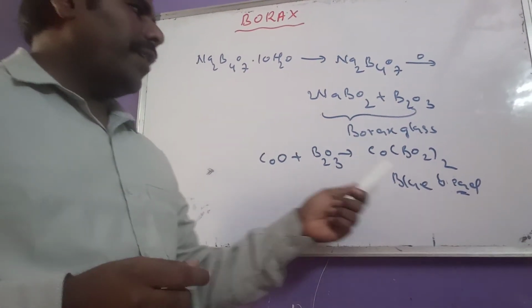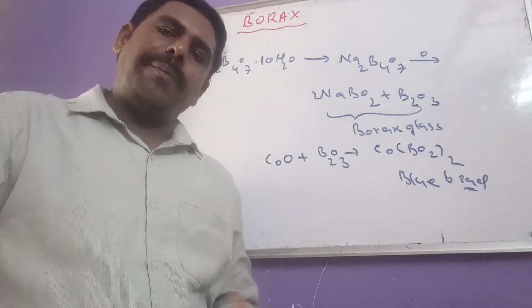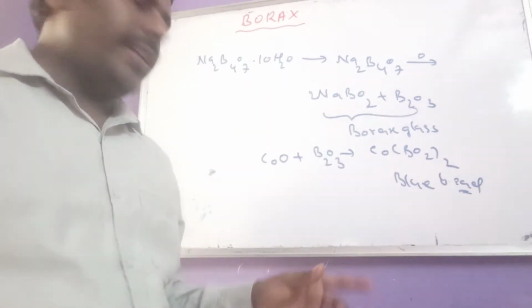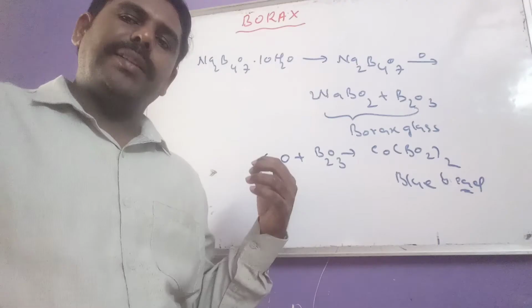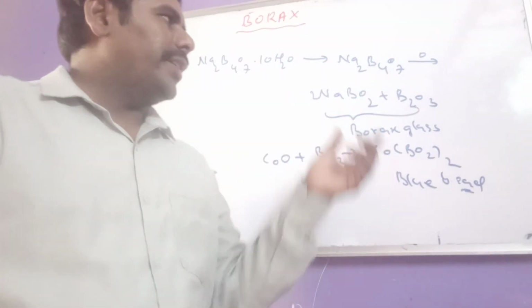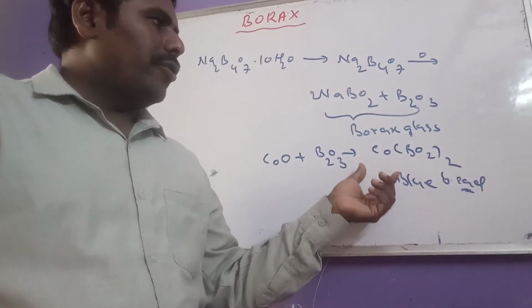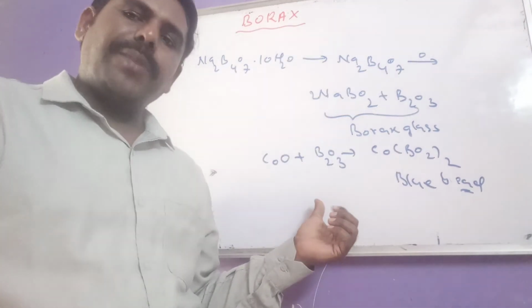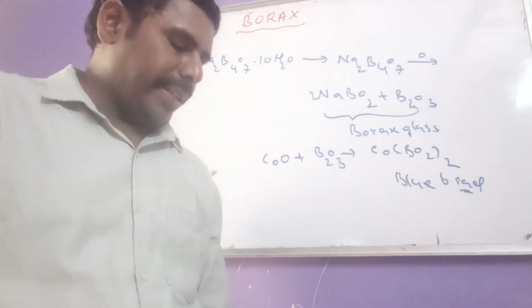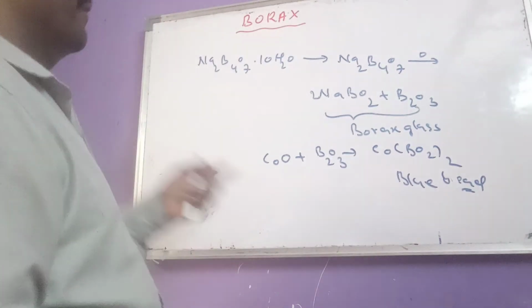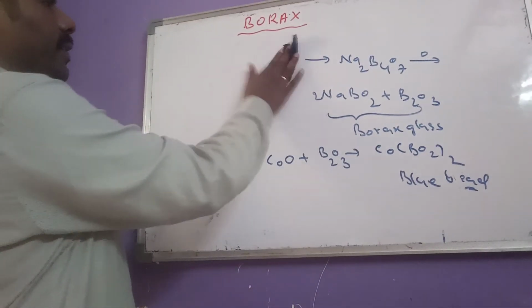By observing the blue color formation, one can estimate which basic radical is present in this reaction. So borax is used to identify basic radicals using the borax bead test.